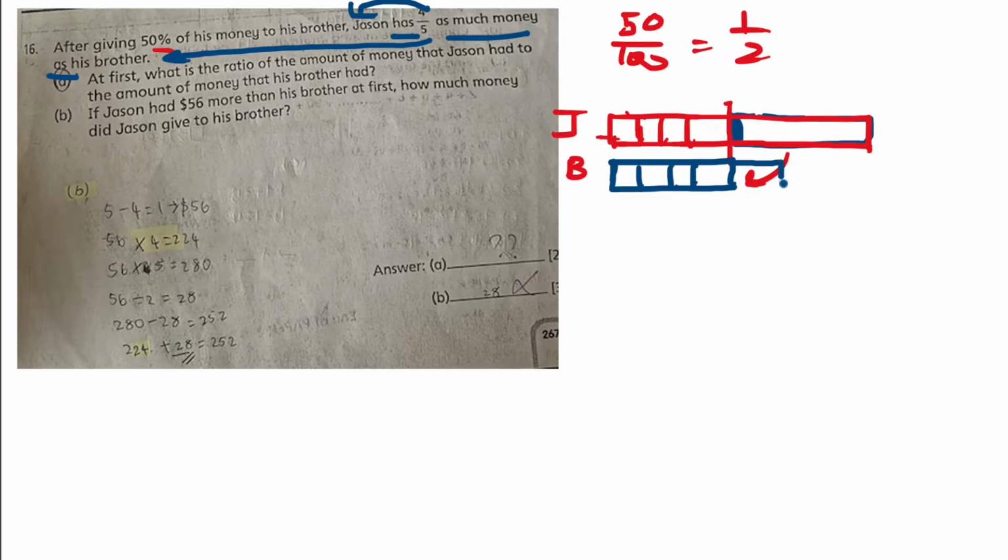Has one more portion here. Can you see it? 4, 5. Okay. As much as. Highlight this.